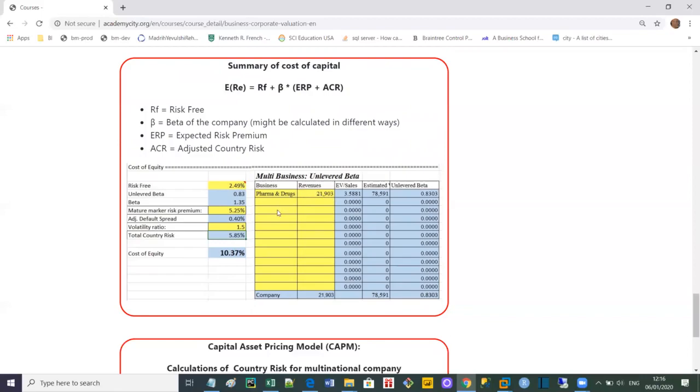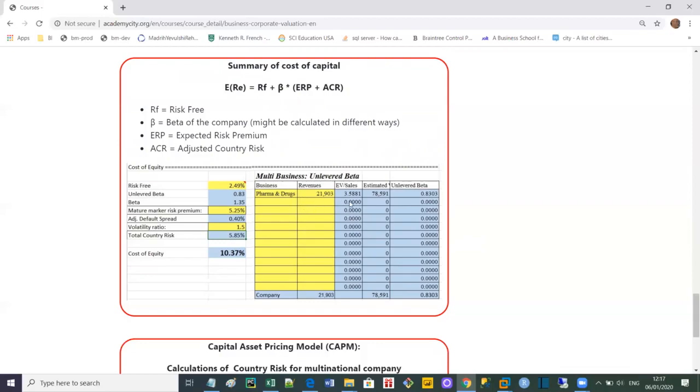But if you're operating, let's say, in 2 or 3 segments, you write all the segments here, and the place you find how much revenue you have from every segment is in the notes to the financial statements. When you do that, the Excel will automatically pull up from other folders that you have in the Excel, and it will try to estimate the value of that specific segment of operation.